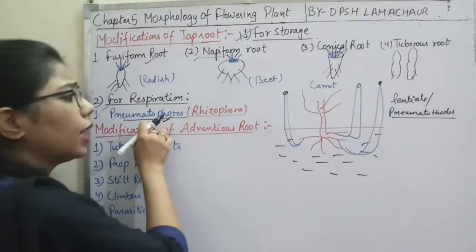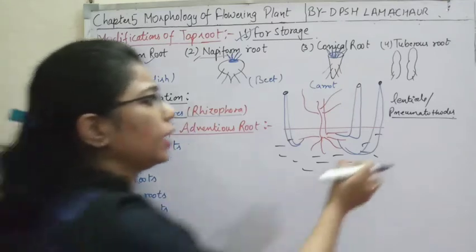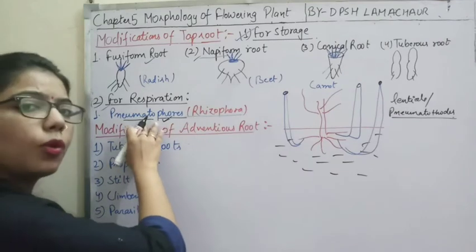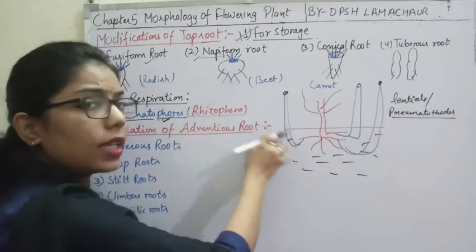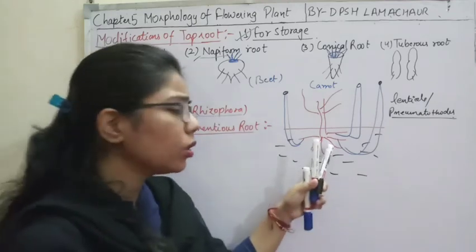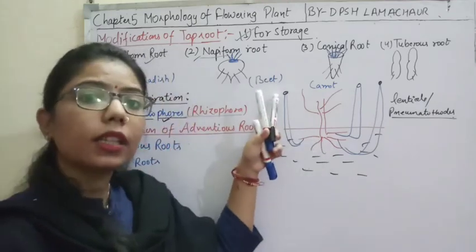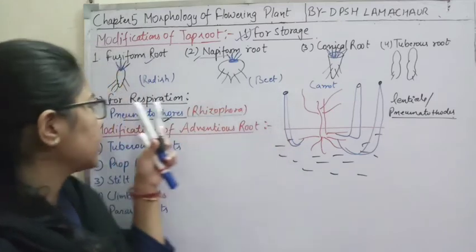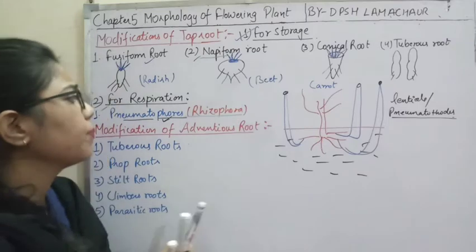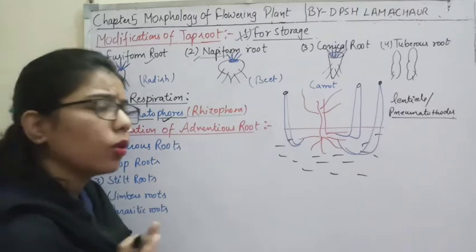So here they are bearing the pneumatophores. These are roots known as pneumatophores. And why are they modifying their roots? Because for taking the respiration. For the respiration they are functioning like this. And here the example is Rhizophora.